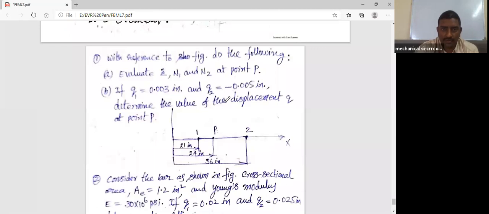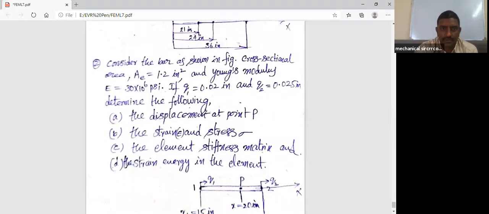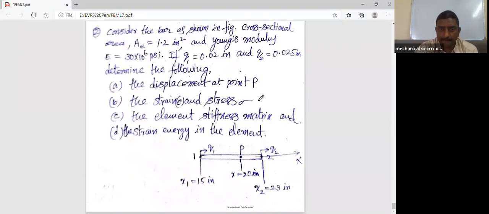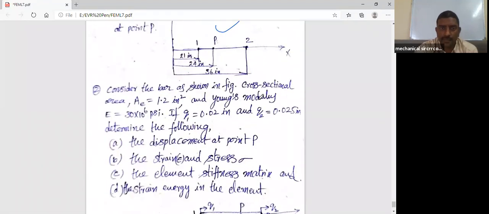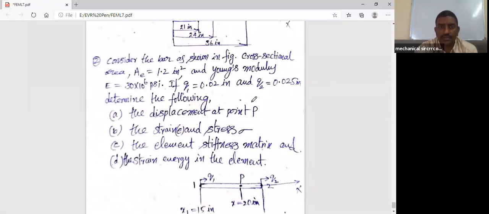The same problem we discussed. Next, you try this problem at your home. The second problem, you try. Is there any difficulty here? Consider the bar as shown in the figure.